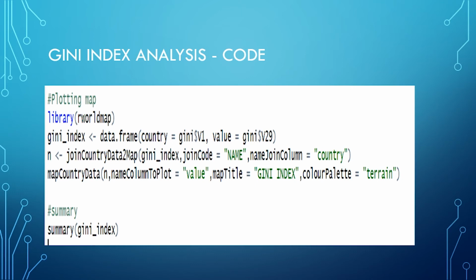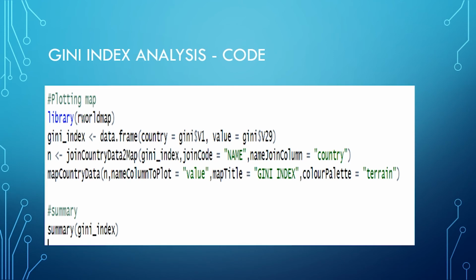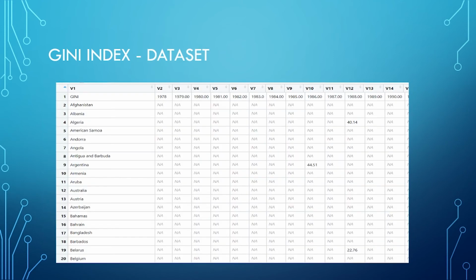And then value. I'm just taking the Gini index value for 2006. It's because for the other years there are many not availables. That is, many columns are blank.